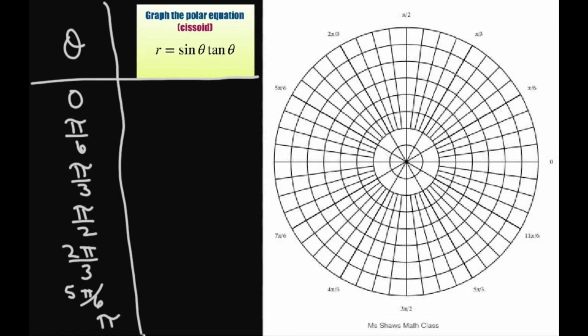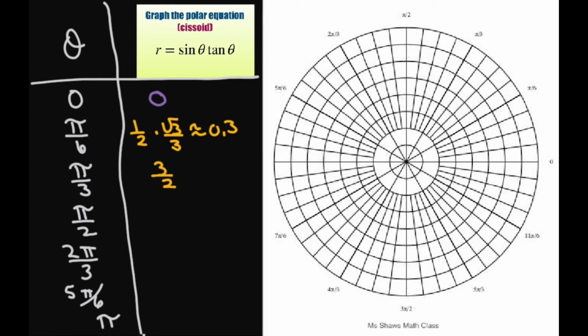All right, so let's do that. I've already assigned values from 0 to pi, and we evaluate this, and we're going to get 0. For pi divided by 6, we get 1/2 times square root of 3 divided by 3. This is approximately 0.3. At pi divided by 3, we're going to get 3/2.